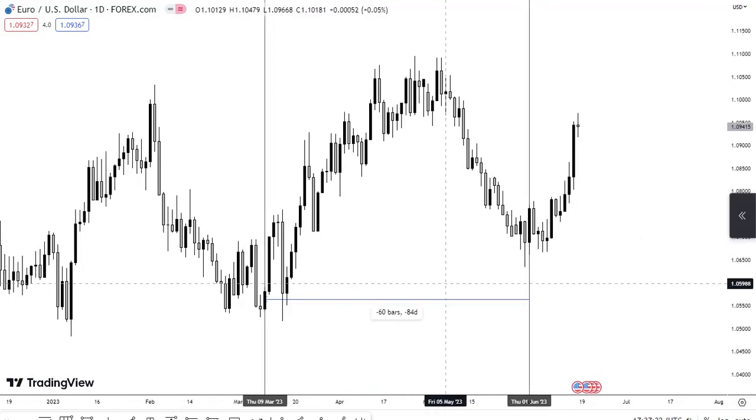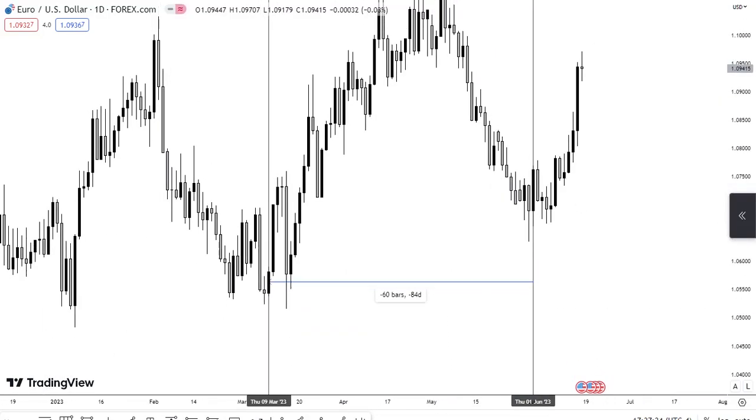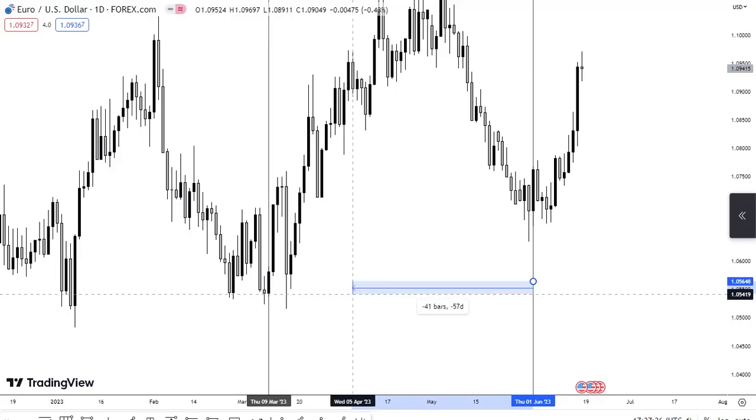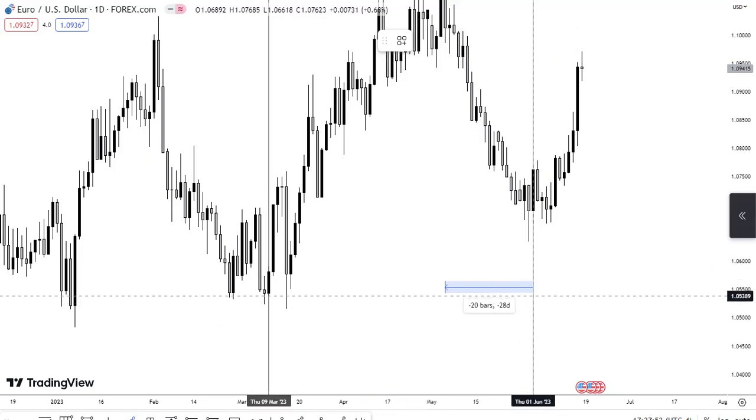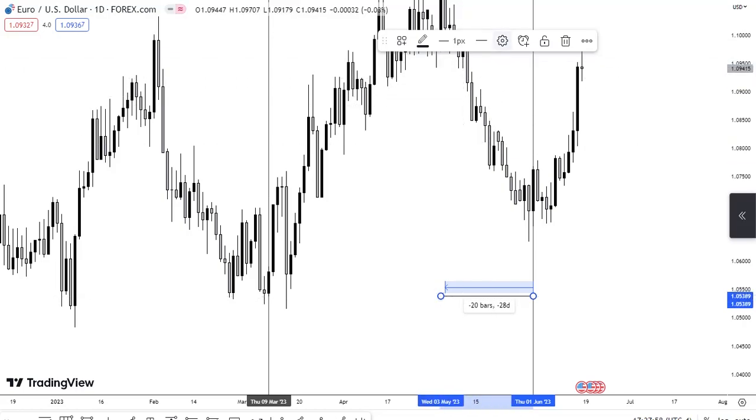But we actually tend to simplify this or make it a bit more advanced by identifying first, let's put it like this: within the 60-day ICT range, right, we divide this into 3 sections, right? The first 20 days, which would be here. Let's put it like this.